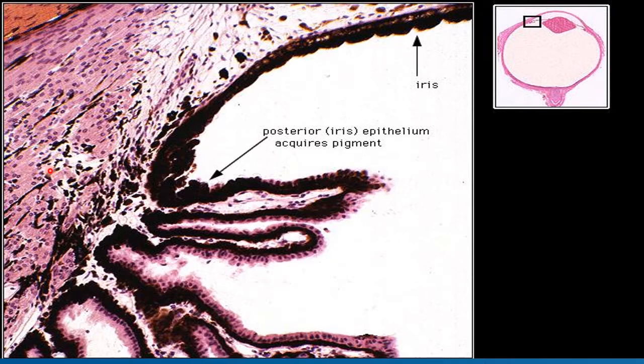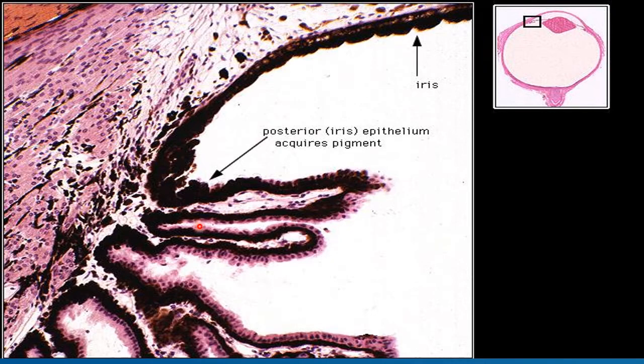These capillaries lie adjacent to the ciliary epithelium and are concentrated in the region of the ciliary processes. In the area closer to the ciliary epithelium, in the ciliary process, you will appreciate more and more numerous fenestrated capillaries.